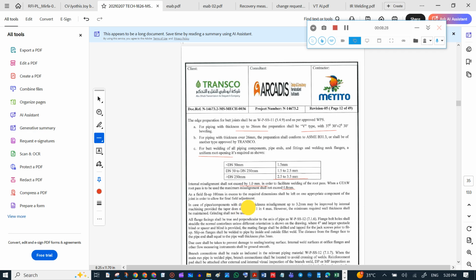If the thickness is different, misalignment up to 3.2 mm may be improved by internal machining, and the taper should not exceed 1 in 4 maximum. And either way, the minimum required wall thickness is to be maintained.